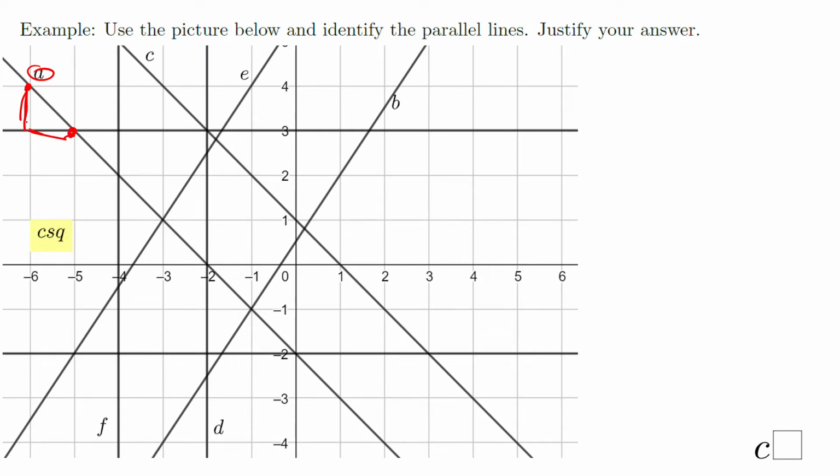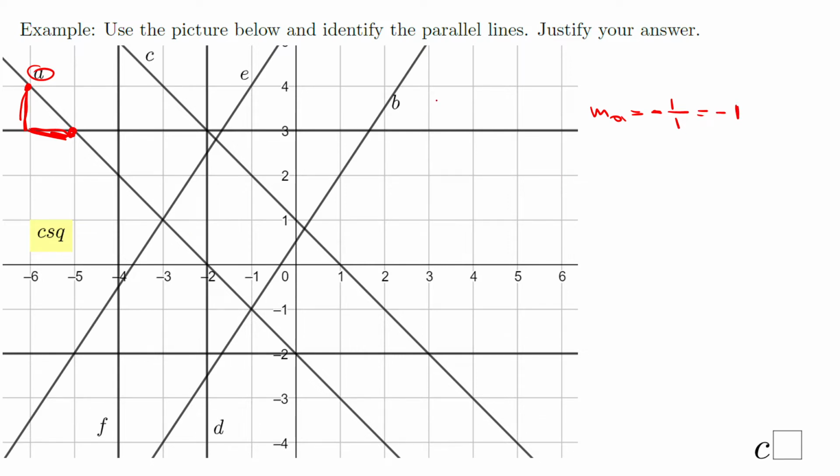And this is the slope triangle. We go one down, one right. So how much is the slope of that line? When you go one down, one right, it's 1 over 1, and it's going to be negative. So it's going to be -1.